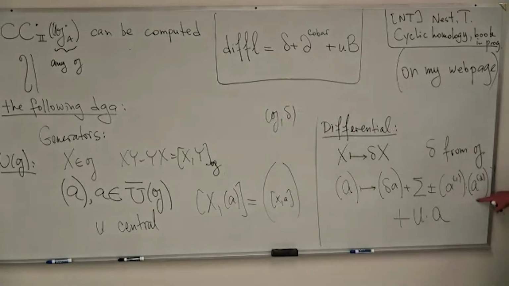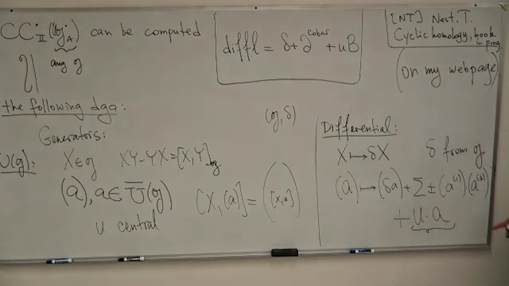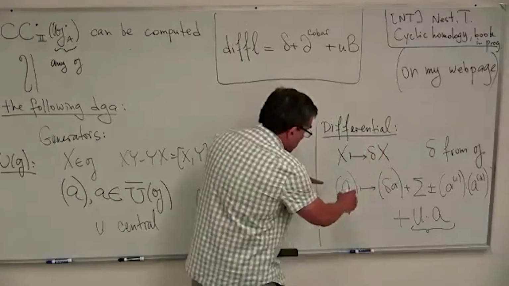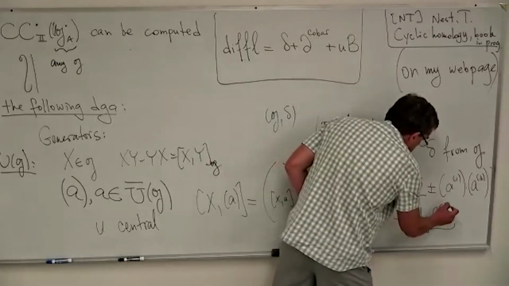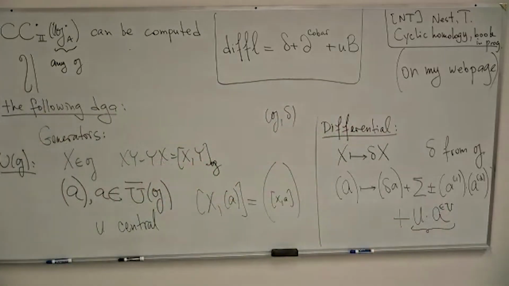It's the dual of this bar construction that I described. And this is a new one, which is very much related to capital B, to the dual. It just drops the parentheses here, so it kicks it back to the universal enveloping algebra.